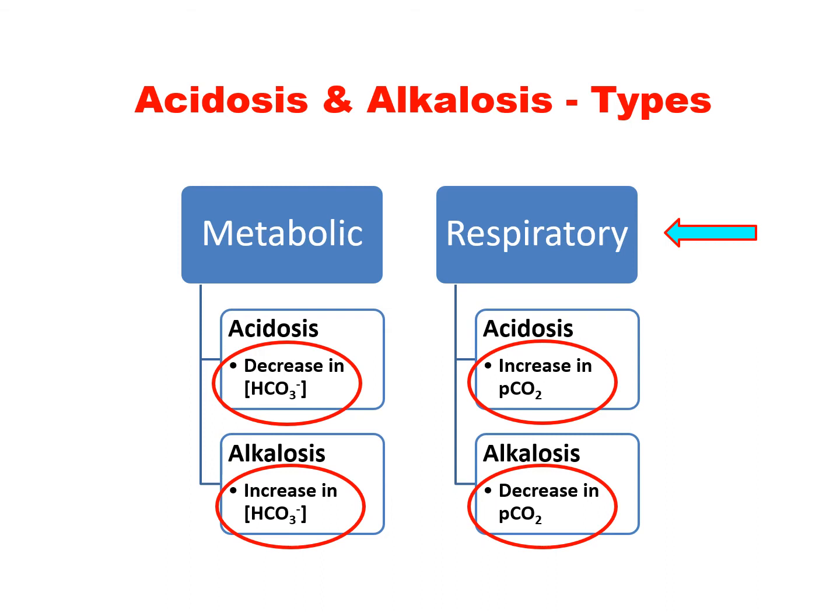One thing which is clear here and we should not confuse is that metabolic and respiratory are entirely different. When we talk about metabolic acidosis or alkalosis, we are talking about a derangement in the concentration of bicarbonate, whereas when we talk about respiratory acidosis or alkalosis, we are talking about a derangement in the concentration of the acid, carbon dioxide or carbonic acid.